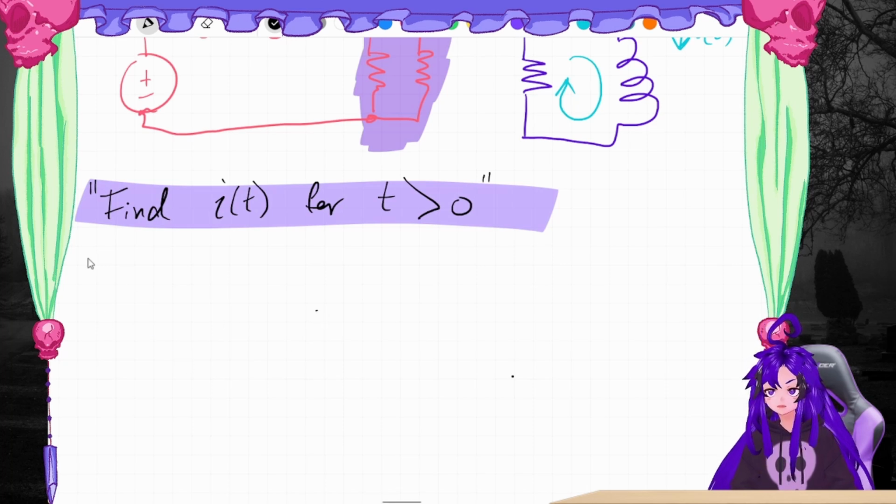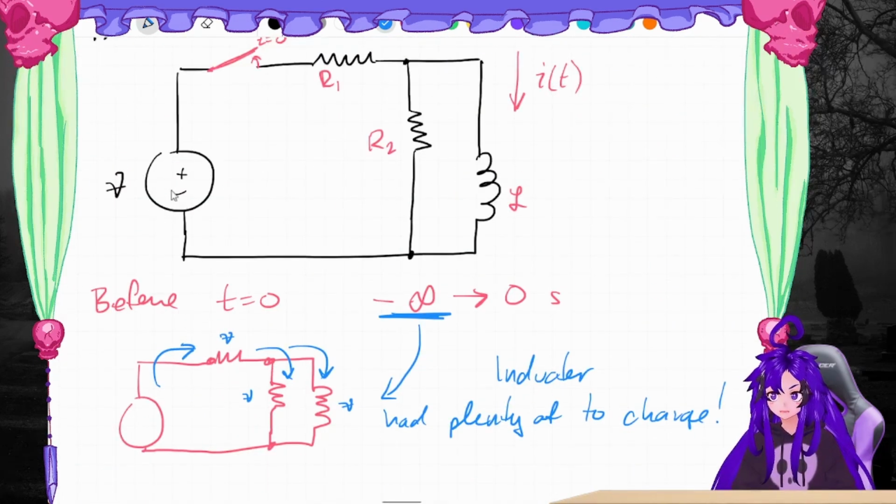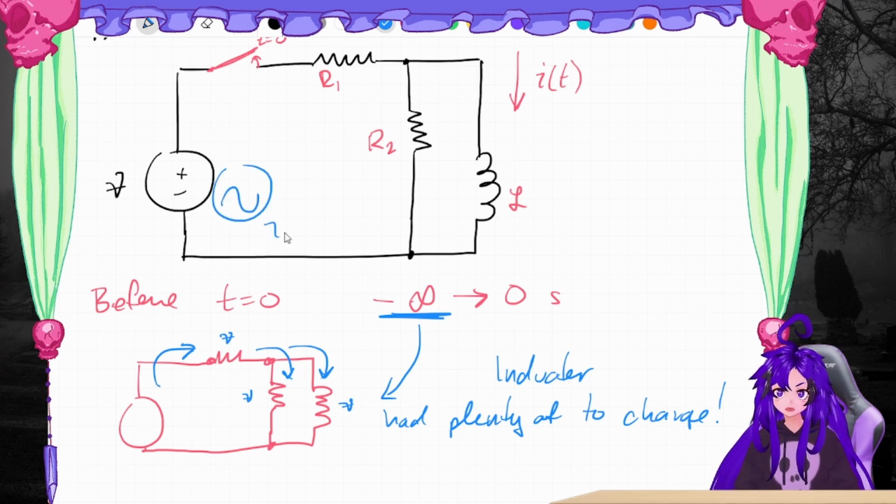First we kind of need to think about what happened before time equals 0. Before that, we had a DC source, because we would have been told with either this symbol or with V of t that this was AC.